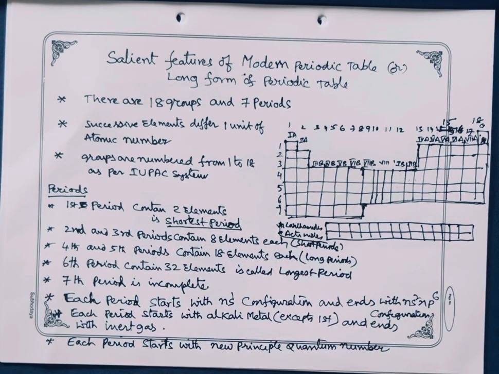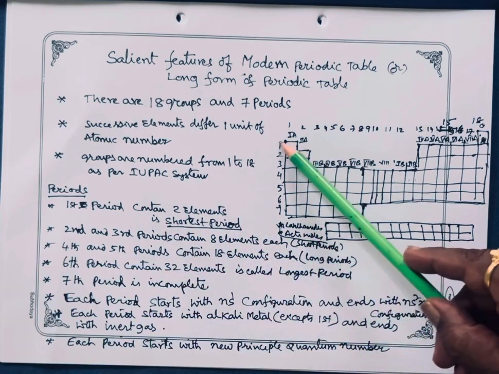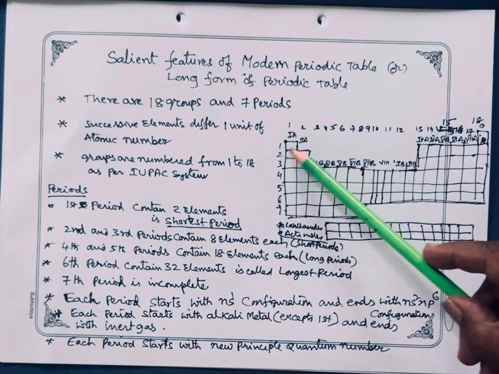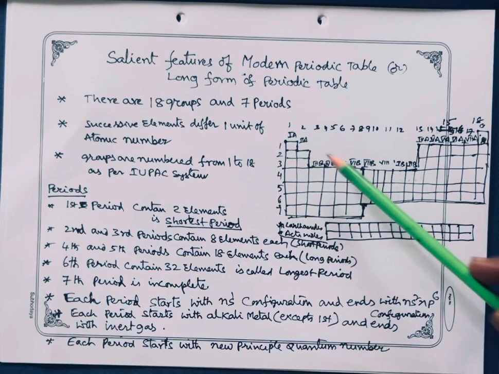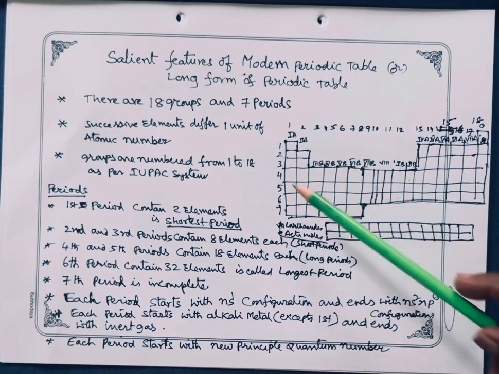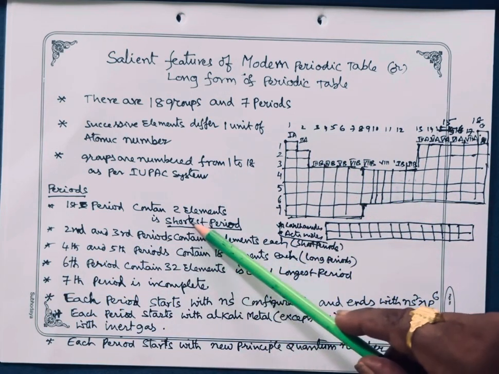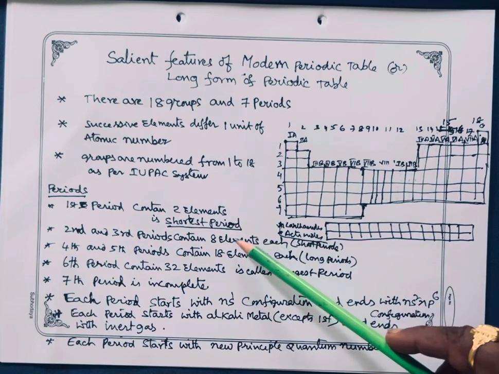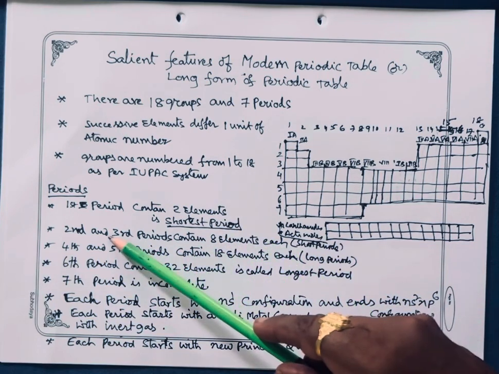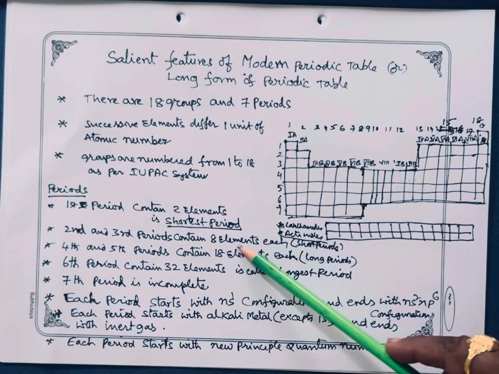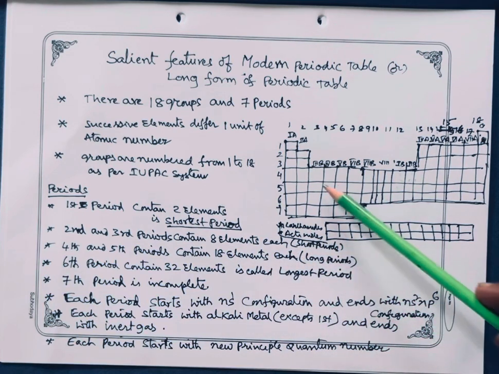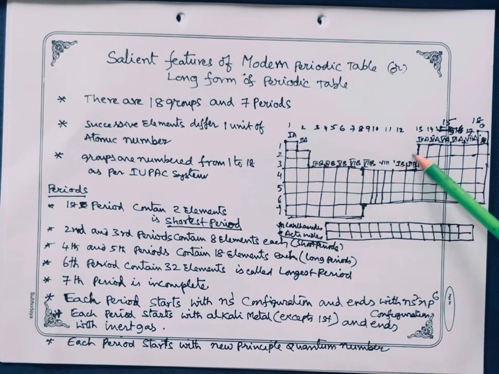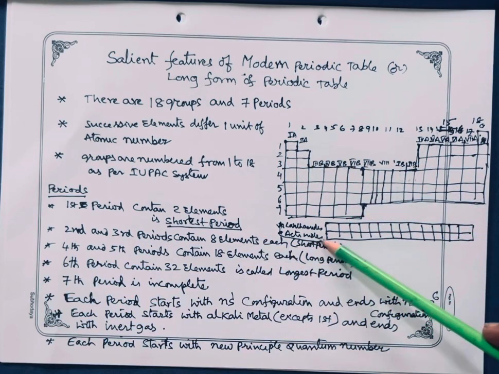What are the periods? The horizontal rows are called periods. First period contains two elements, hydrogen and helium. It is called the shortest period. Second and third periods contain 8 elements each, so they are called short periods.